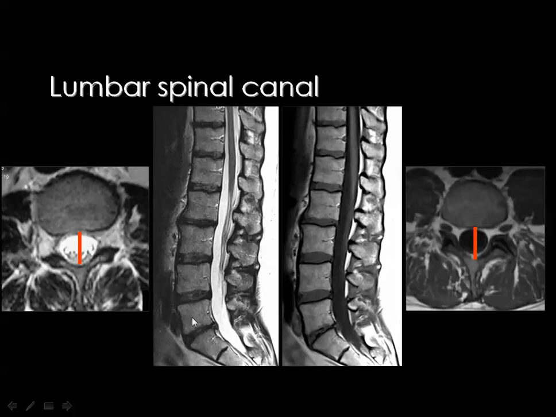Then, if you look at the axial image, without measuring the diameter of the spinal canal, if you can see that the thecal sac is rounded and surrounded by adequate epidural fat, then you can consider that this canal is normal. Also, in the sagittal view, if you see the cauda equina nerve roots are surrounded by adequate CSF, you consider this canal normal.